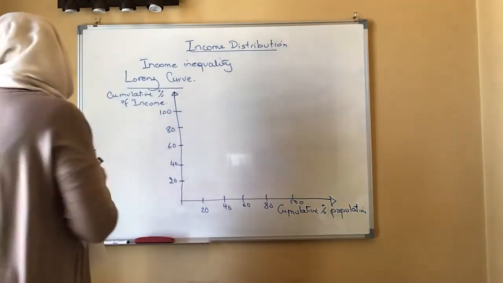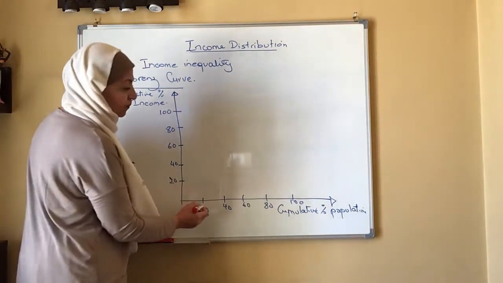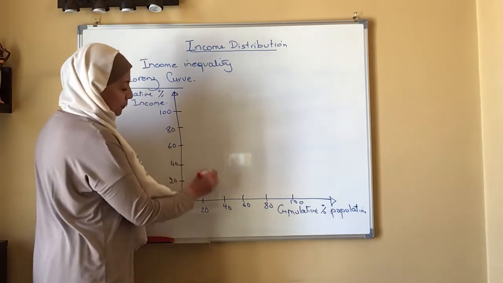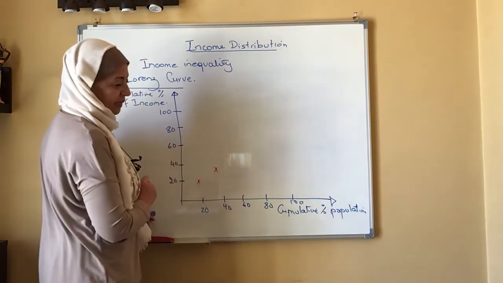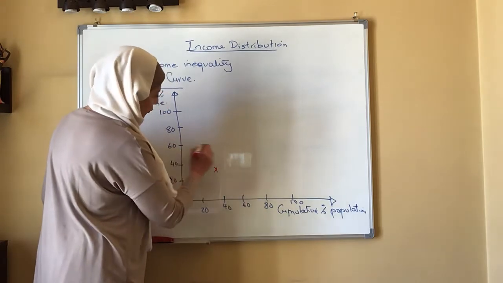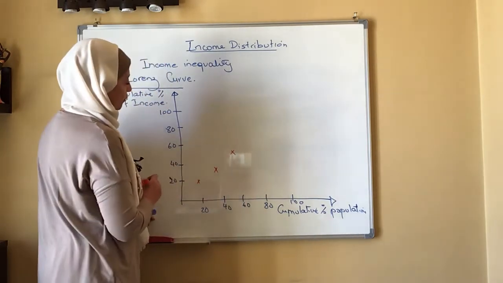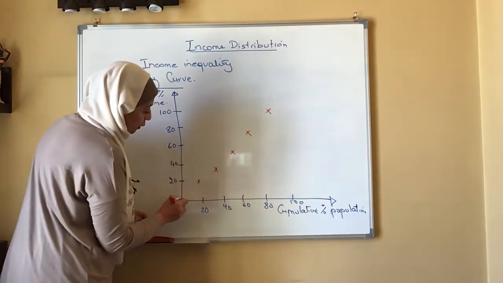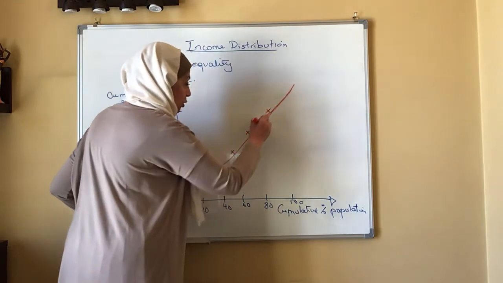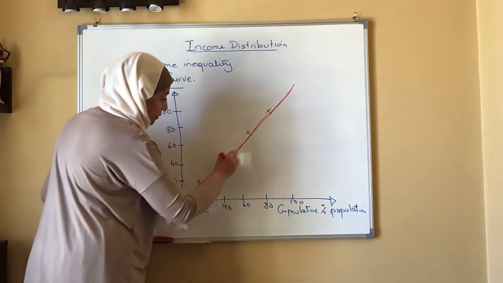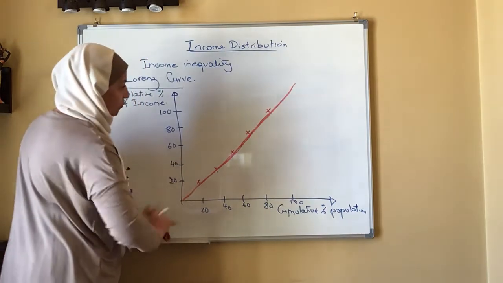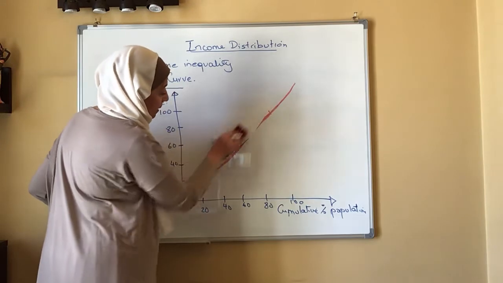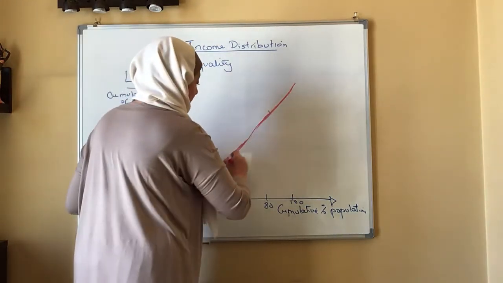If we want to distribute income equally, 20% of the population will get 20% of the income. 40% of the population will get 40% of the income. 60% will get 60%. 80% will get 80%, and 100%, which is going to be a straight line passing through the origin, creating a 45 degrees with the x-axis and 45 degrees with the y-axis. So this is the ideal income distribution.